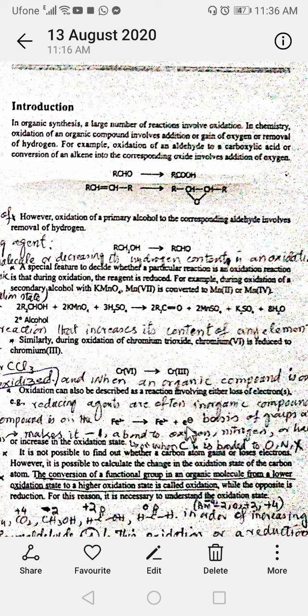So what is this? Increase in oxidation number from Fe plus 2 to Fe plus 3. Increase in oxidation number is called oxidation. So when Fe plus 2 is changed to Fe plus 3, this is also oxidation.